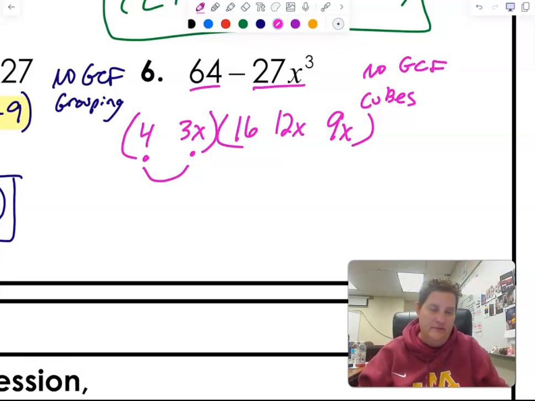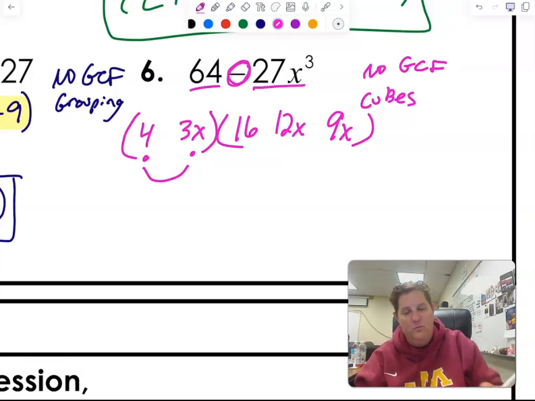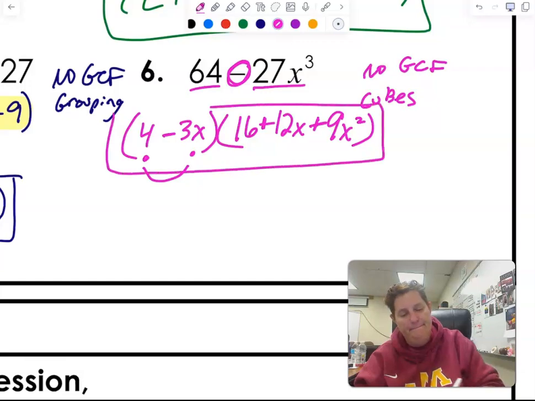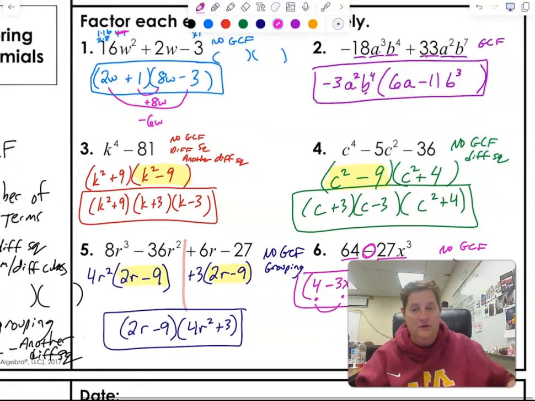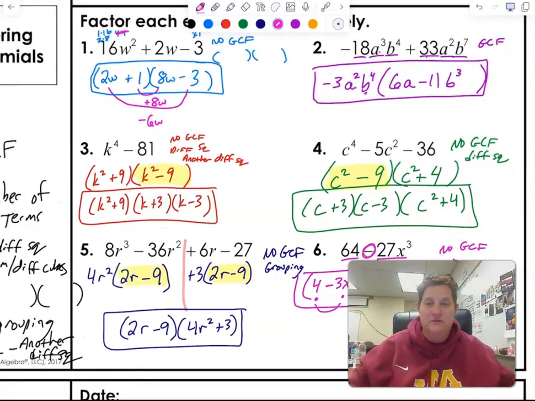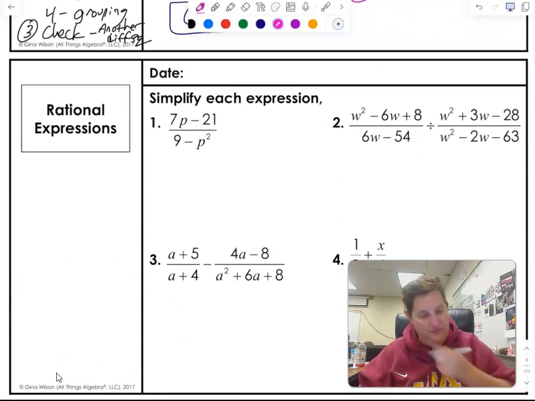And then you guys remember this part, we do same, opposite, always positive. Well, because it starts with a minus, same, opposite, always positive. And the square is 9x squared, okay? Cool. All right, there you go. There's your factoring questions.